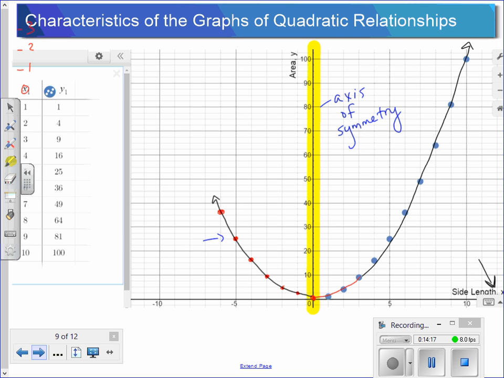The axis of symmetry. This here, notice in this case, this point here is at the bottom of the curve. So this is a minimum. And in this case, this minimum happens to be the turning point of the graph. So we can call that a turning point.